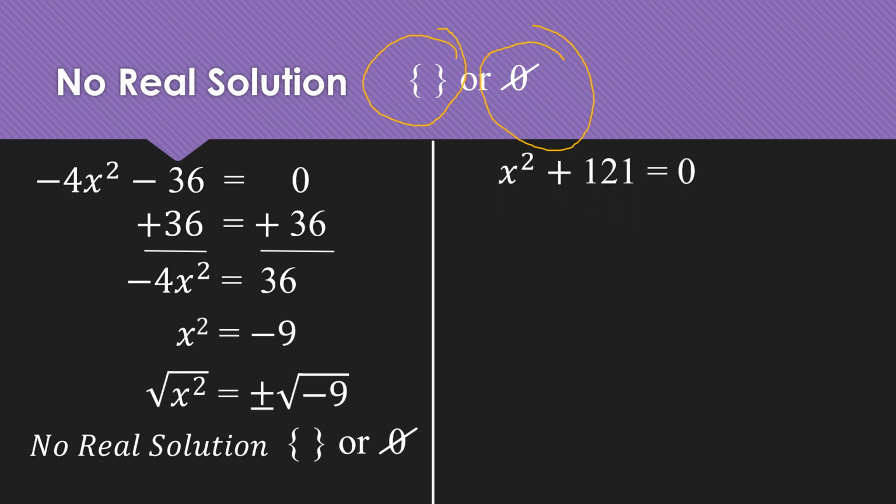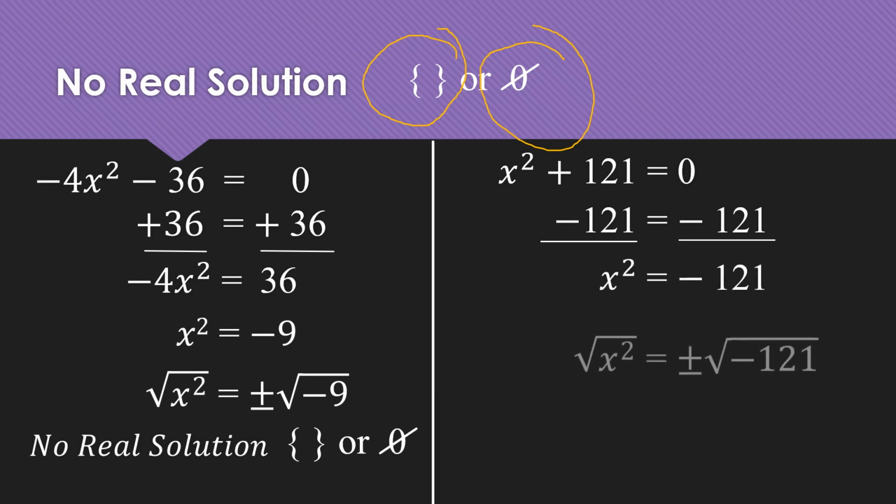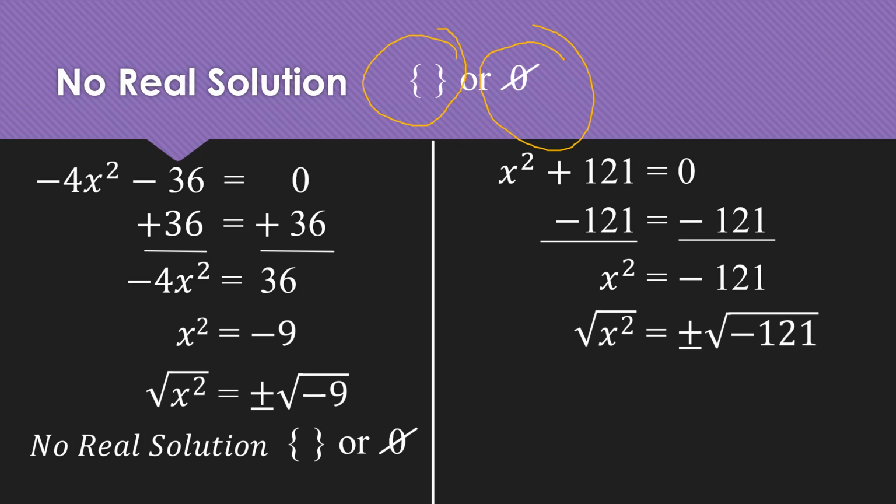Here we have x squared plus 121 equals 0. Subtract 121 from both sides. X squared is equal to negative 121. Take the square root of both sides, but is it possible to take the square root of a negative number? No. I'm looking for two of the same things that when multiplied together give me negative 121.